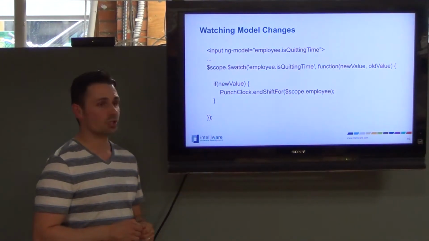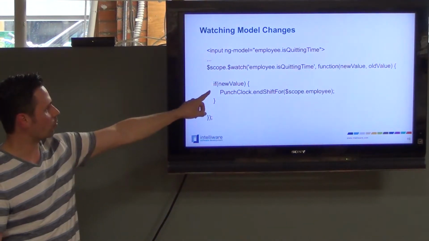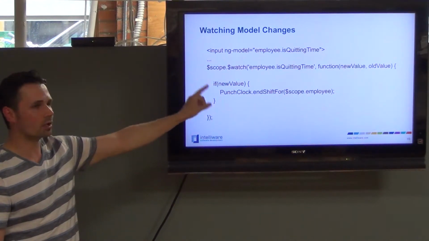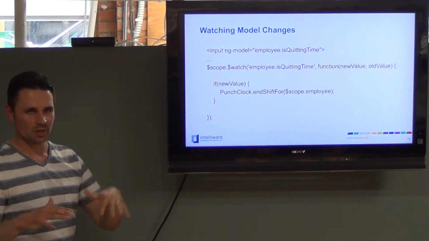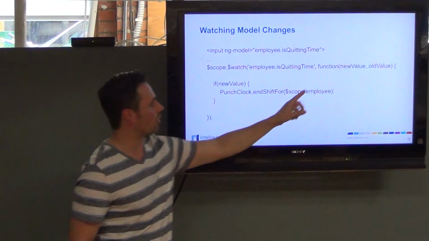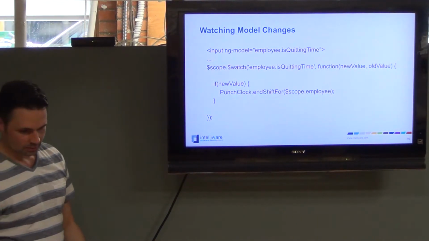So we're actually watching the change of a model object on the scope. You'll notice that I'm wrapping this call in an if statement because Angular is going to call this several times in order to settle the state of the world. So you actually want to do this check, and you can compare the new value to the old value to see if you actually need to do something special.